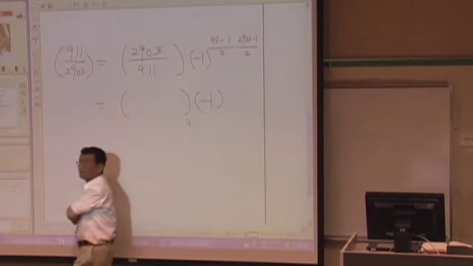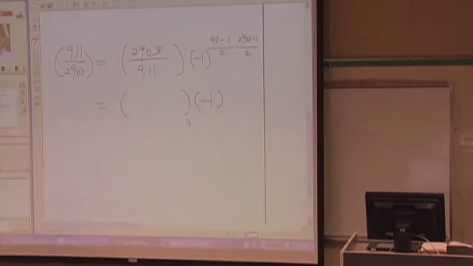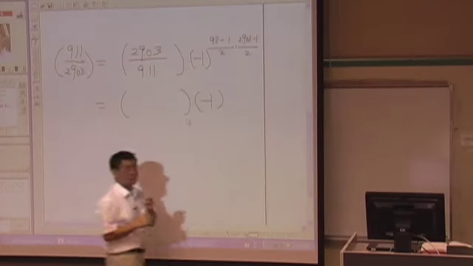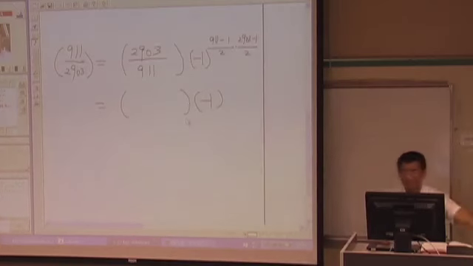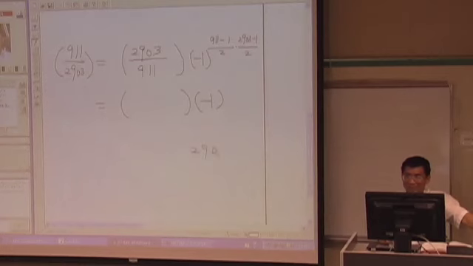Then now you use the congruence property. By the congruence property, what can you do? 2903 is congruent to what? To do it, we can divide it by 911, and about 3 will work, right? So we use 3. 3 times 911 is 2733.